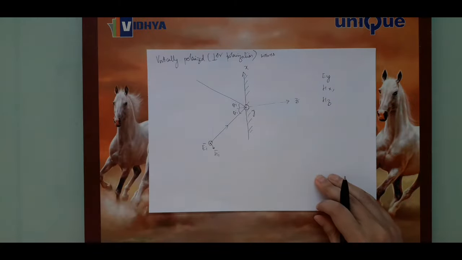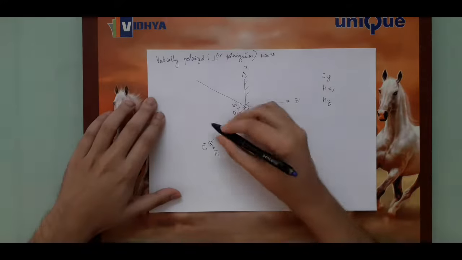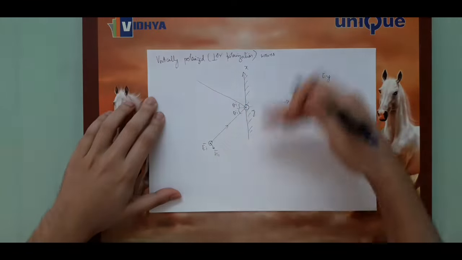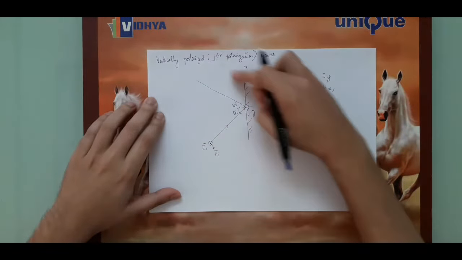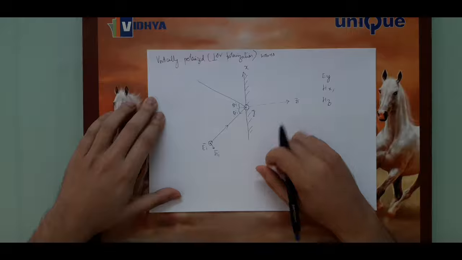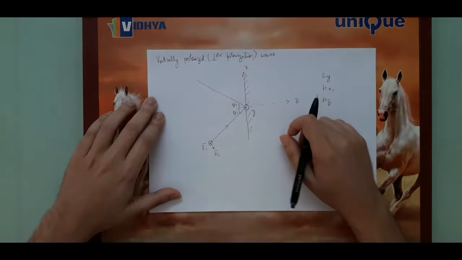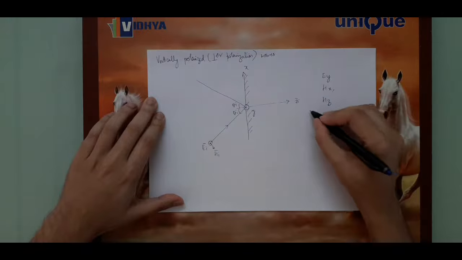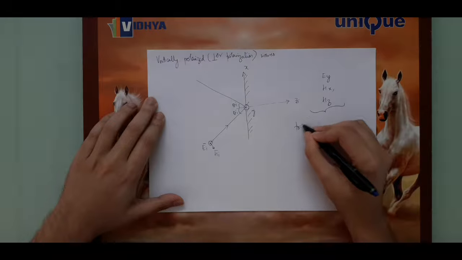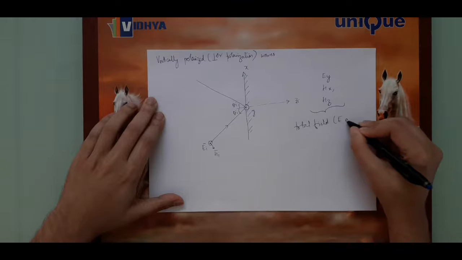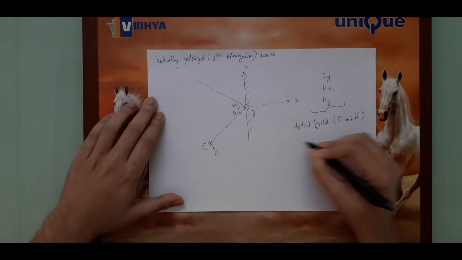So what we saw was that because of the interference of these waves, the sets of incident and reflected waves superimpose on each other. So because of that, we have something called the total field, both E and H, in medium 1.